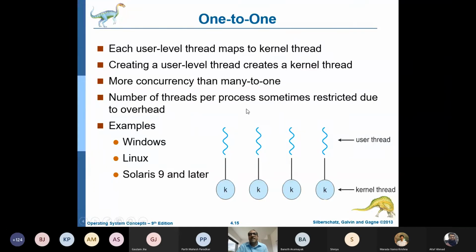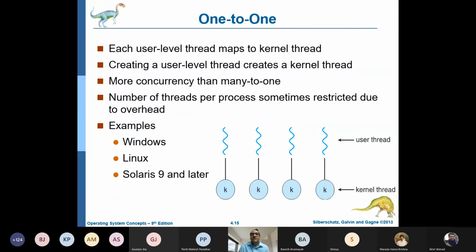And the number of threads per process is sometimes restricted due to the overhead. What it means is that suppose the process keeps on creating threads. In this approach, whenever the user process creates a thread, the kernel also creates a thread, and it has to map the newly created user thread to the kernel thread.